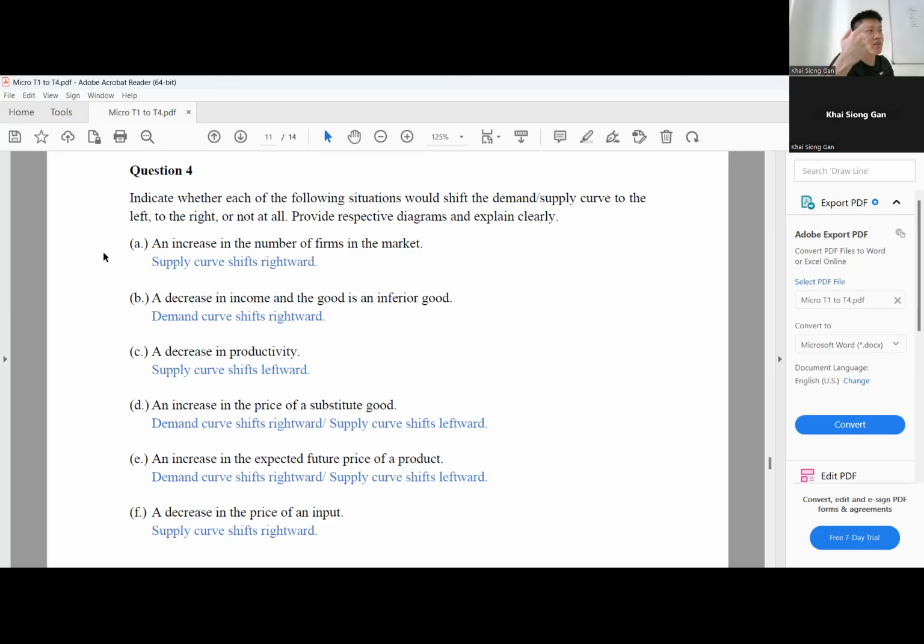If I were to draw the y-axis, x-axis, origin, price, quantity, demand curve and supply curve, in nature this is the equilibrium, at this price, at this quantity. Income tax affects consumers, so it affects the demand curve. So the demand curve shifts leftwards.